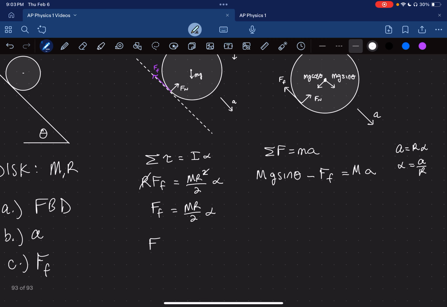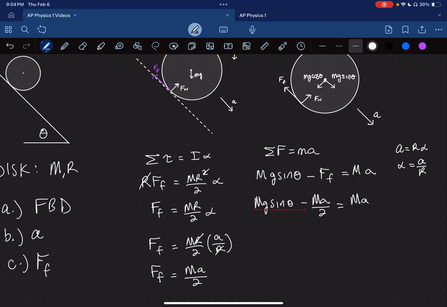Friction force is M R over 2 times A over R. Cancel R. The friction force is M A over 2, which we can substitute over here. This is mg sine theta minus ma over 2 equals ma. Before we cancel m, I'm going to add ma over 2 to both sides. This is ma over 2 plus ma.